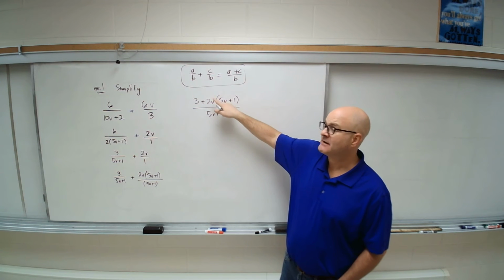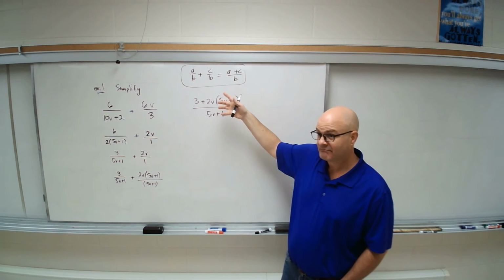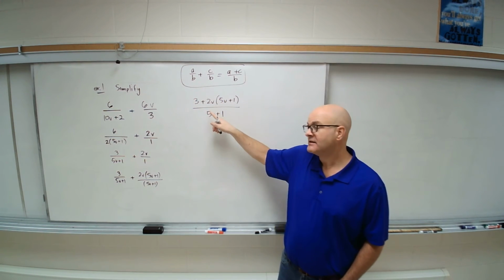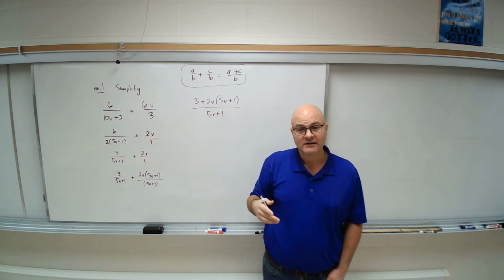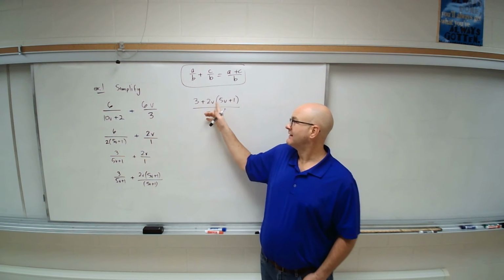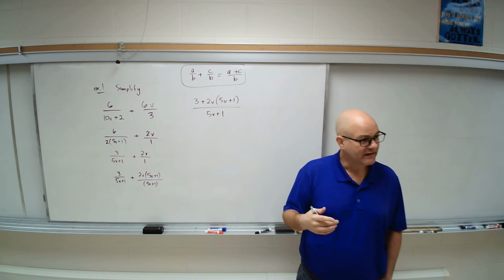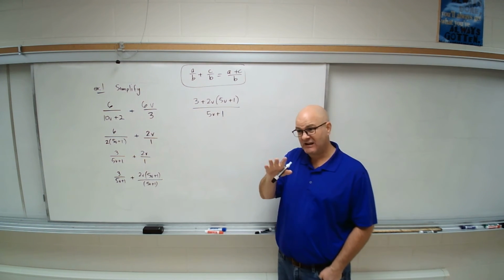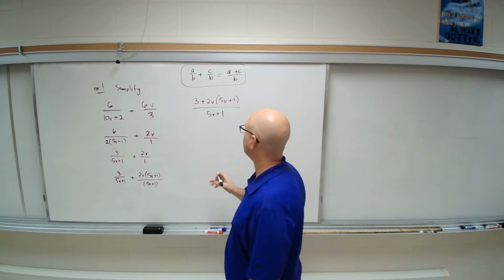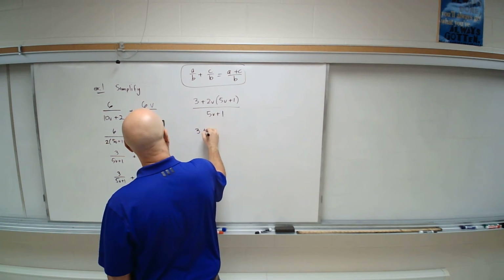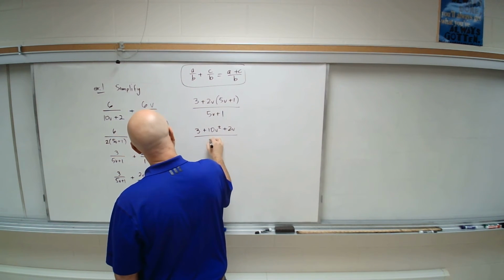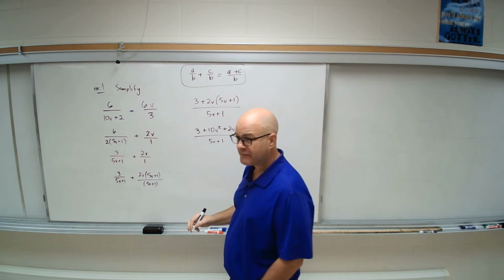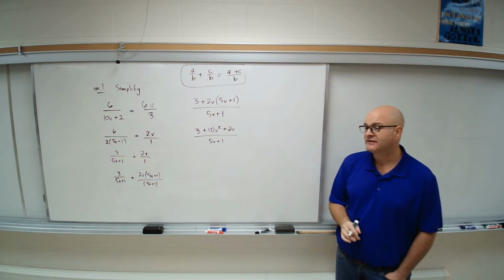The 2v is being multiplied by the parentheses, and then this is being added. So it tells us we do our multiplication first because of our order of operations. Don't be tempted to do 3 plus 2v, not that you would probably do that anyways, but sometimes if they're both just constants, it can be tricky. So 3 plus 10v squared plus 2v over 5v plus 1. Again, I just distributed the 2v.